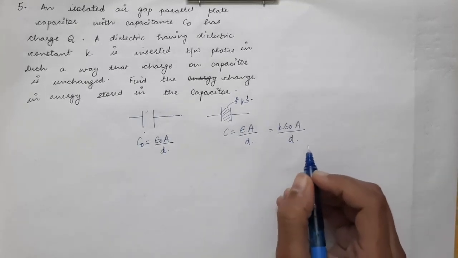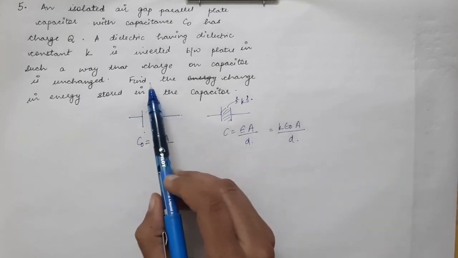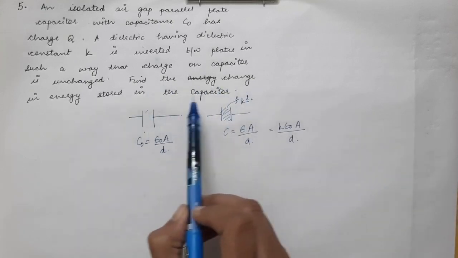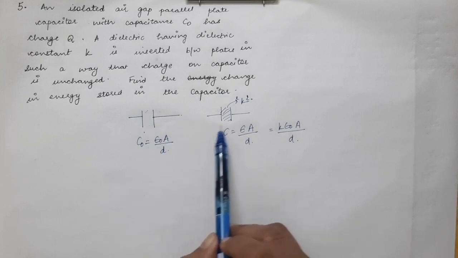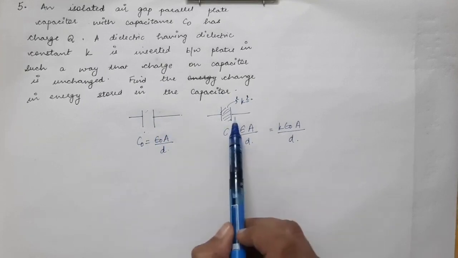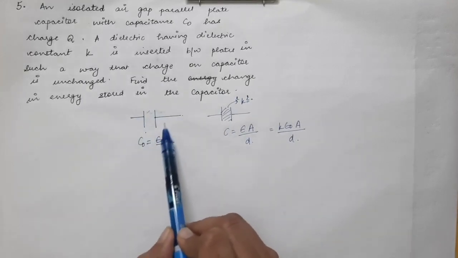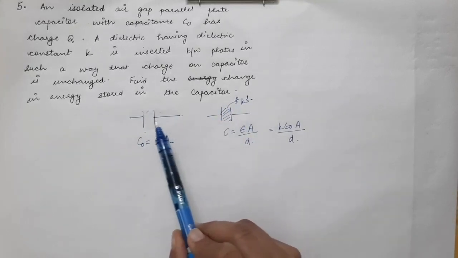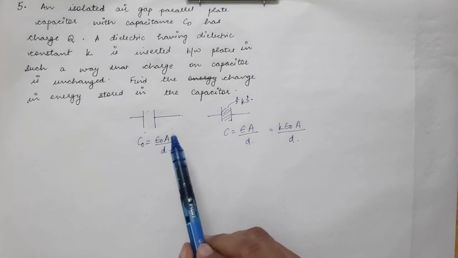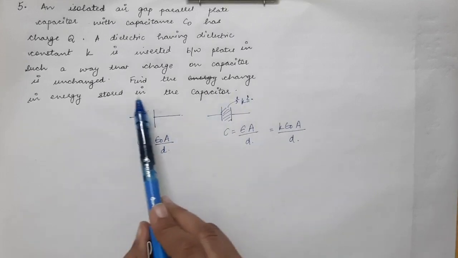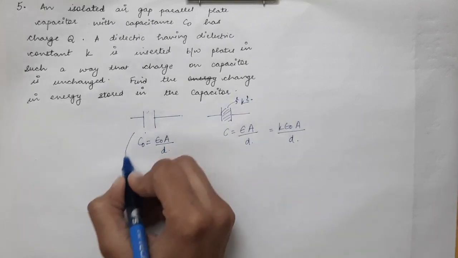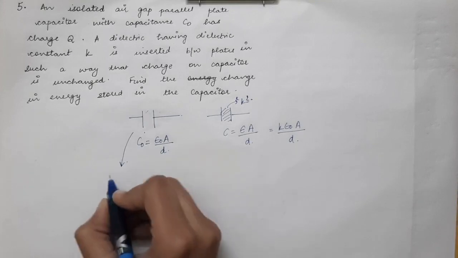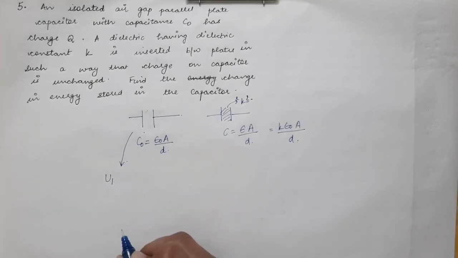So what we are asked to find is the change in the energy stored in the capacitor. So what is the change in the energy stored in both the capacitors? Firstly we will find the energy stored in the first capacitor, then we will find the energy stored in the second capacitor, then we will subtract these two, and we will get the change in energy stored in the capacitor. So firstly the energy stored in the first capacitor, let's say we represent it by U1.